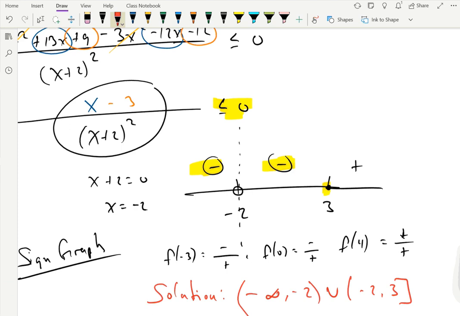And so we could have graphed this overall in a little more detail. Let me just throw a y-axis in here.